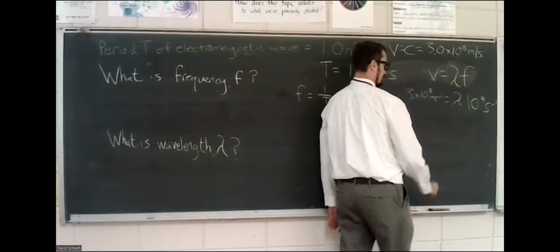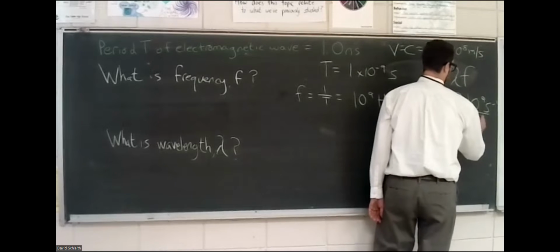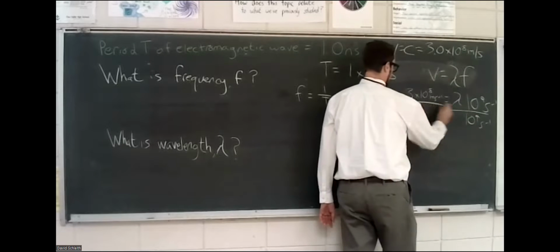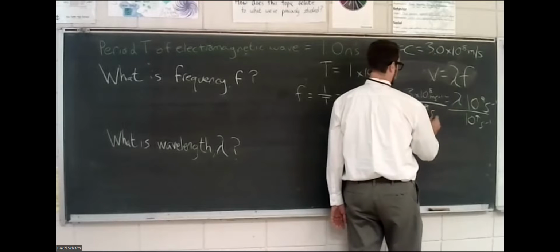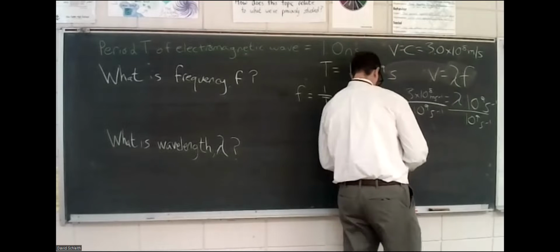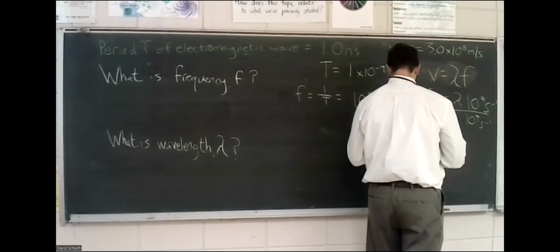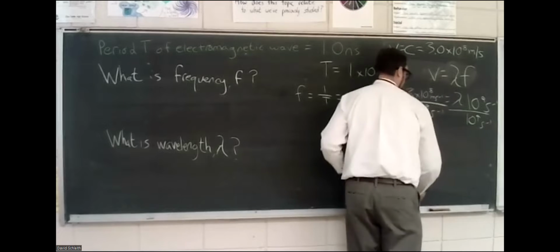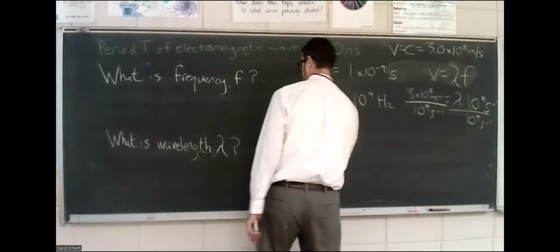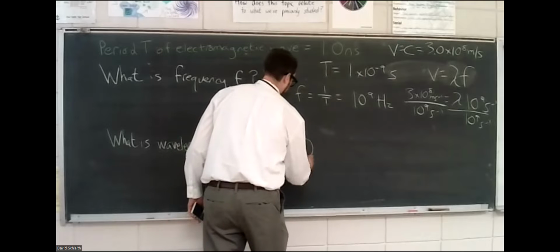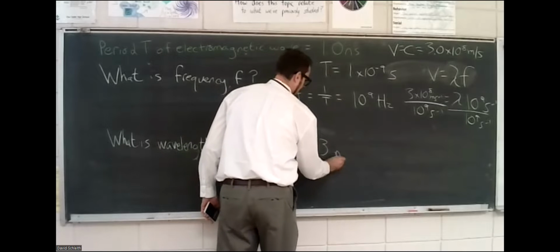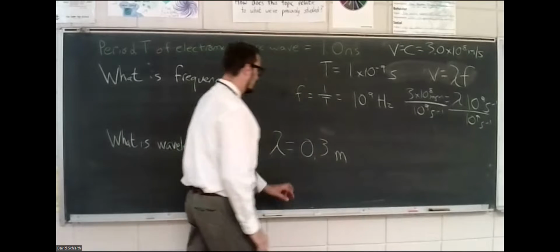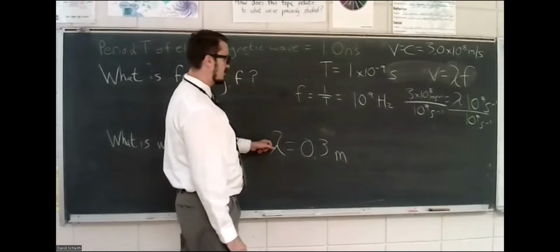We're solving for the wavelength lambda. Divide by a billion reciprocal seconds. All right, so what is 300 million divided by a billion? 0.3 meters. All right, so 30 centimeters is the wavelength.